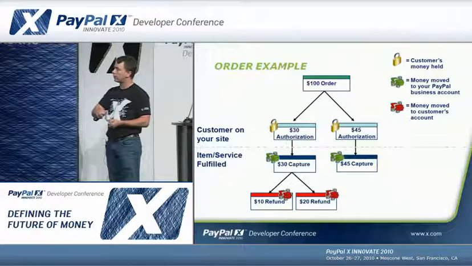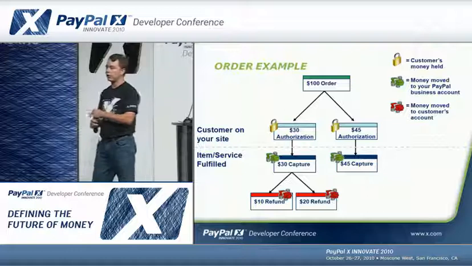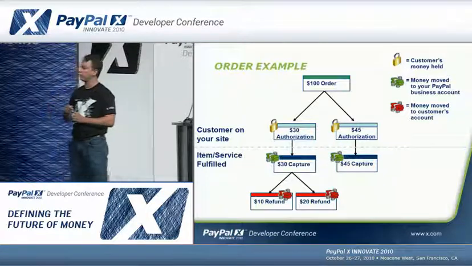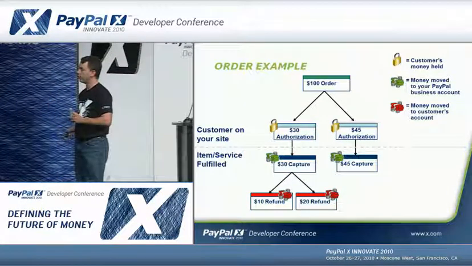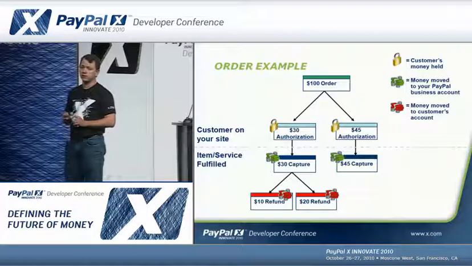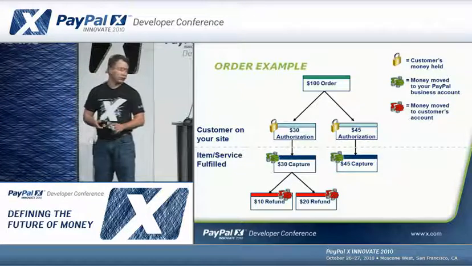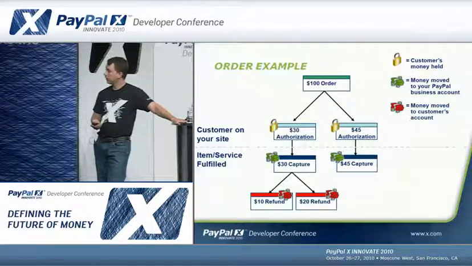So in this example, they just did one capture per authorization, but the APIs actually allow more than one capture per authorization, depending on the fulfillment model. And you're also able to do multiple refunds on each capture. Again, it all depends on the way you're processing payments now, and we tried to build this so you can mimic what you're doing with credit card payments.